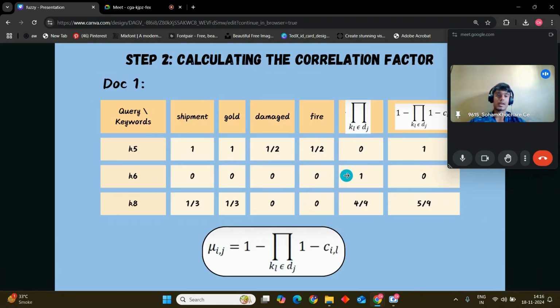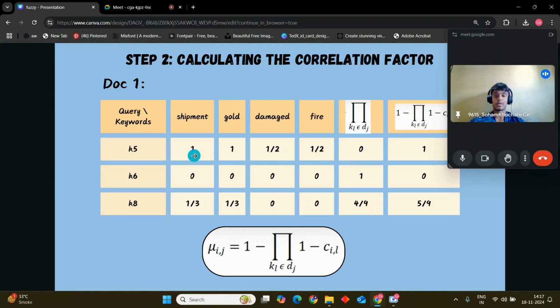For the correlation factor, we basically first subtract this number, which is over here, from 1, and we do it for each of these numbers, and then we multiply each of them, and the resulting answer we write over here, which will become our correlation factor.